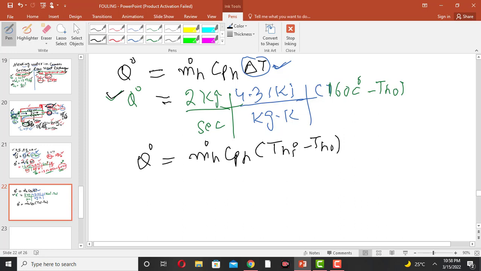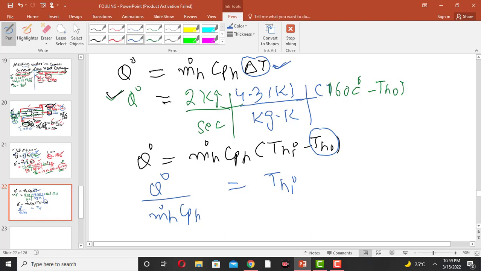So from this relation we can obtain the outlet temperature of the hot fluid. Q is equal to the mass flow rate of the hot fluid, Cph, times the inlet temperature of the hot fluid minus the outlet temperature, which we are going to obtain.